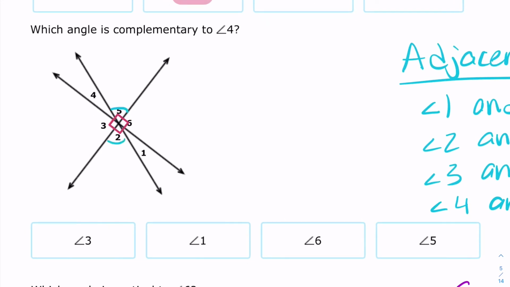Oops, that didn't work out that well. Let me erase that. Okay, angle 5. Ooh, I don't like that it's doing that. That is very weird. Whoa, things are disappearing all over. Hold on.